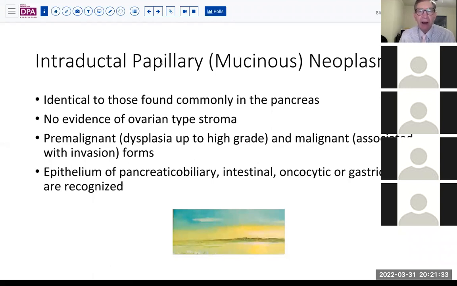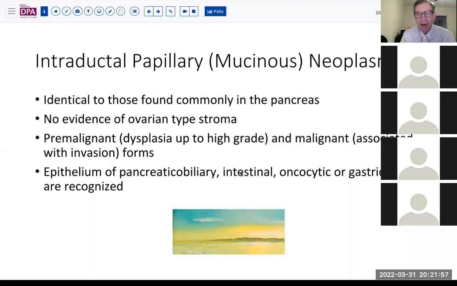I mentioned the intraductal papillary mucinous neoplasms, similar to those that we see in the pancreas. These do not have ovarian type stroma. These are more challenging because the epithelium can show degrees of dysplasia and even invasive carcinoma.